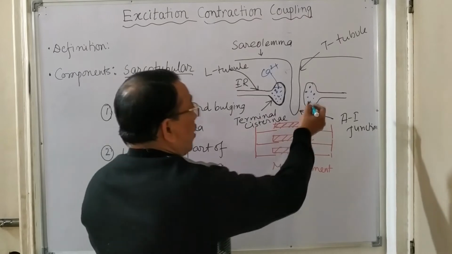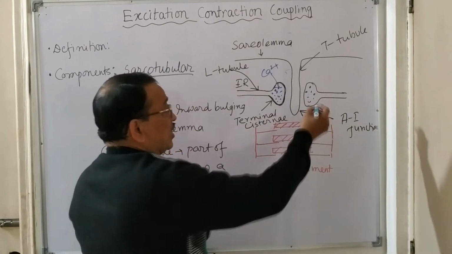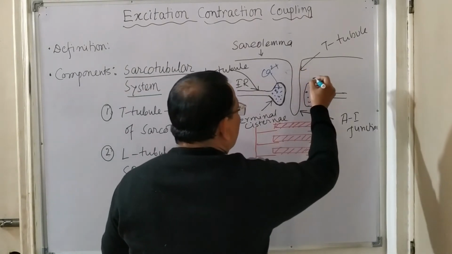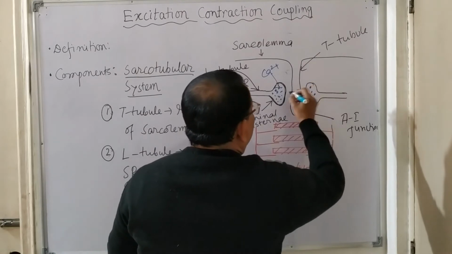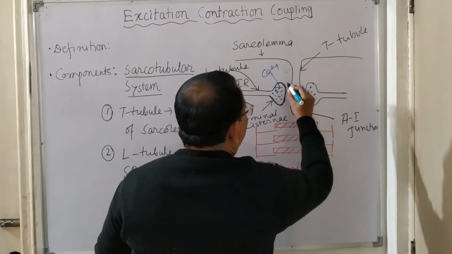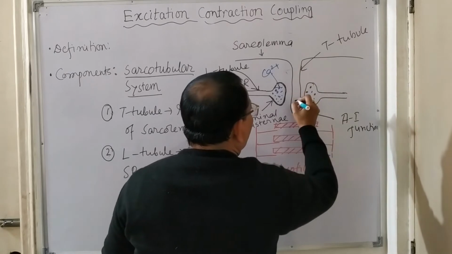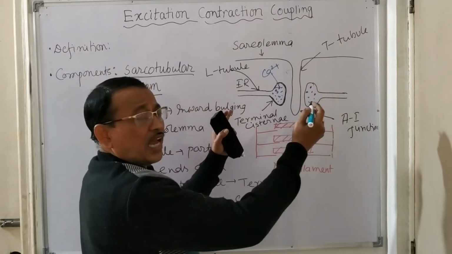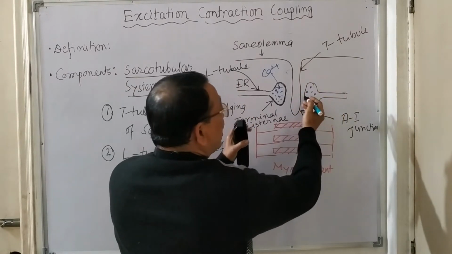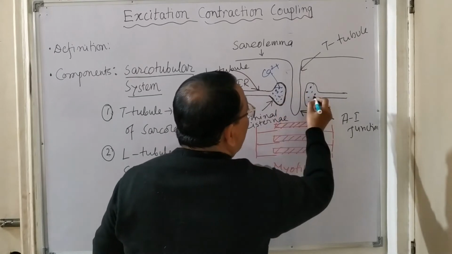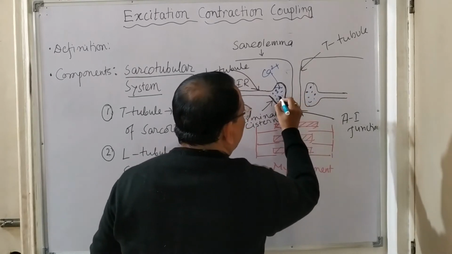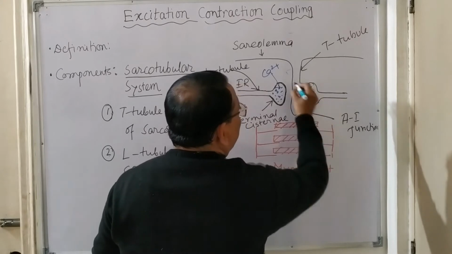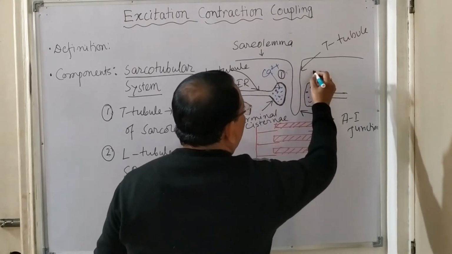So in the sarcomere, in skeletal muscle, one T-tubule is associated or closely attached with two terminal cisternae. Here you see one terminal cisternae, another terminal cisternae: number 1 and number 2.